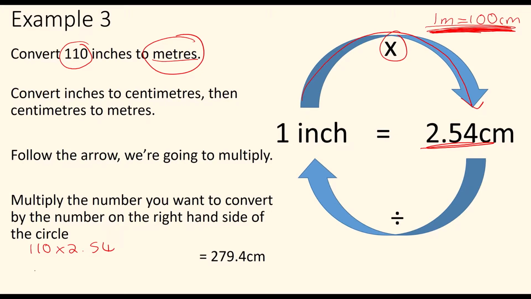So in order to do that, we're going to have to do 279.4 and we're going to divide it by 100. If you're wondering why we divide, we could actually draw our own little circle here, times and divide. So to go from centimetres to metres, we're using a bottom arrow, and this time we're dividing by the number on the right hand side. Anyway, that comes to 2.794 metres.